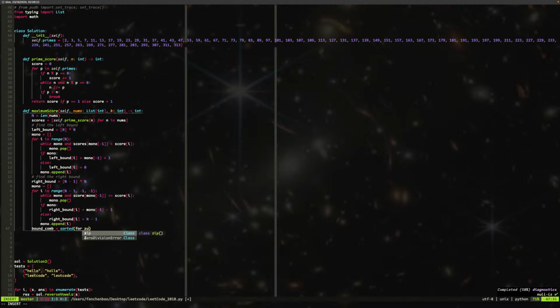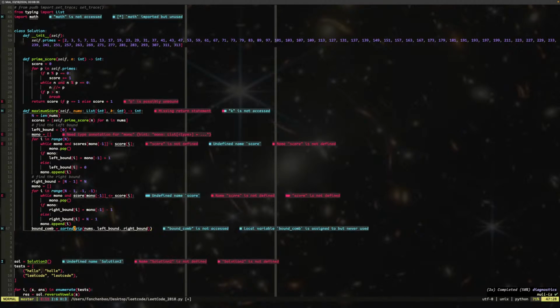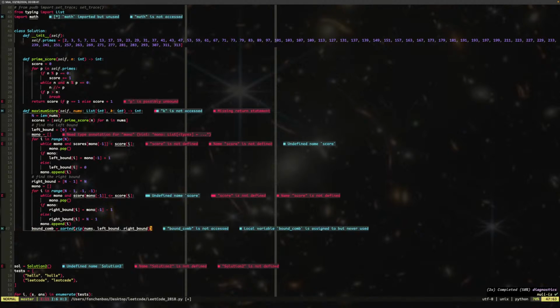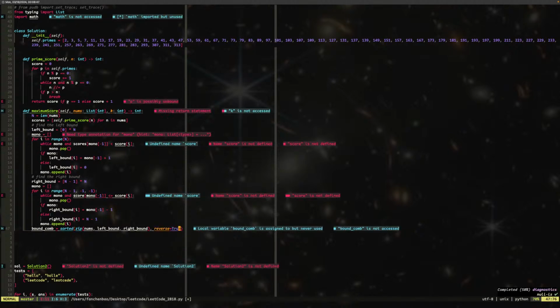Okay, we're gonna zip nums, left bound, and right bound. I'm pretty sure I can just do it this way. Right? We can zip this. Oh, and then I need reverse equal to true. Right? So I go big first.